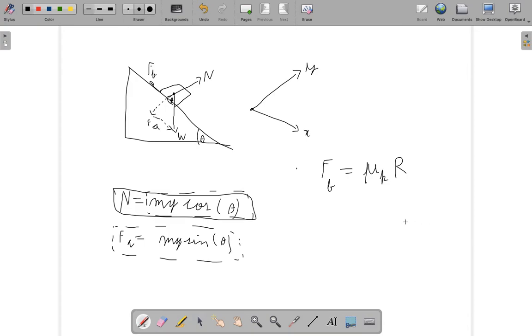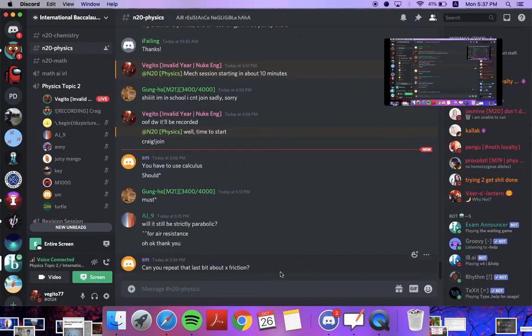Normally we just take our normal force to be mg, which is a common mistake that people tend to make. But in actuality, what you need to do over here is mu sub k times mg cosine of theta. You have to make sure to include this cosine of theta part because your normal force isn't as large as it would be on, let's say, a flat surface. Does that make it a bit more clear?